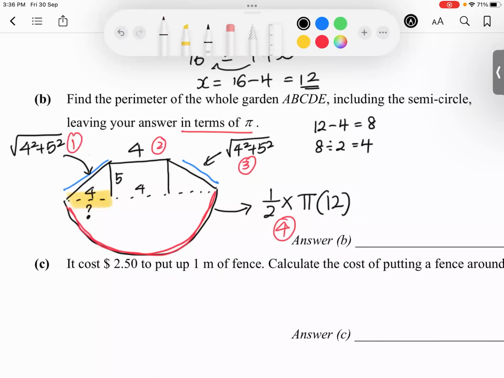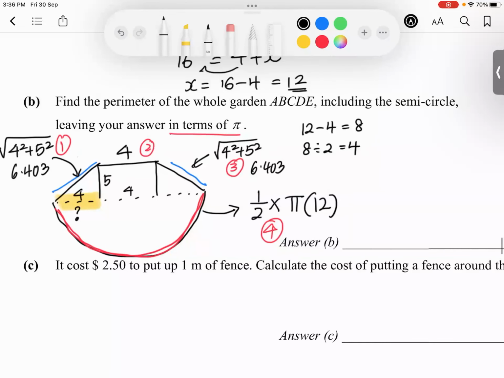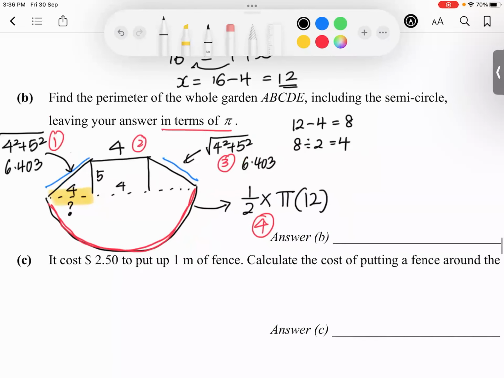Okay, can I? But the question says leave your answer in terms of pi. We have square root of 4 square plus 5 square. This number is 6.403. They say leave your answer in terms of pi. Let me simplify this. Half times 12 is 6 pi.